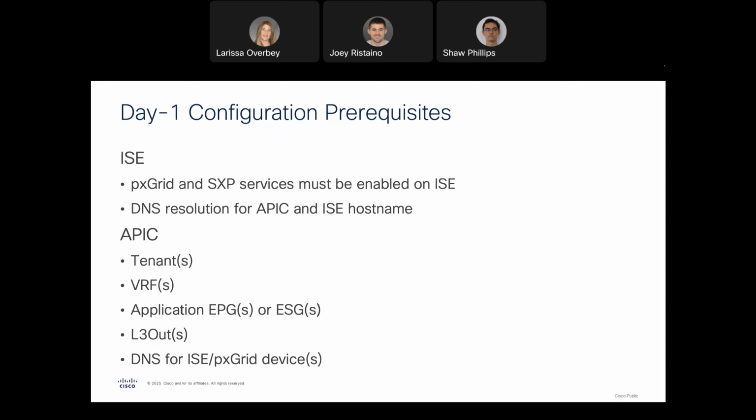For EPGs and ESGs, how ICE uses them or treats them is the same. So an EPG would be assigned an SGT just as an ESG would be assigned an SGT. So there's no difference in how they're treated or enforced in an ICE or the campus environment.